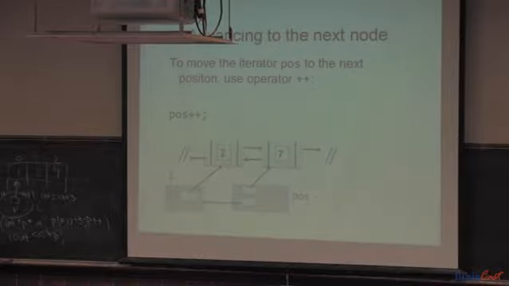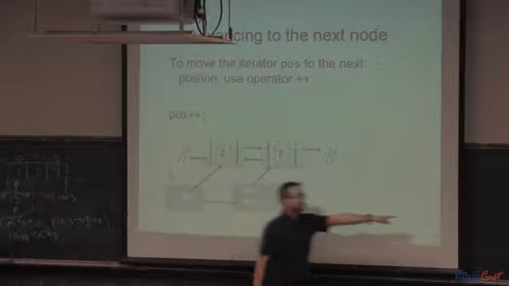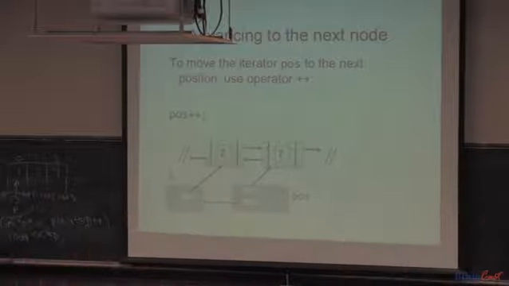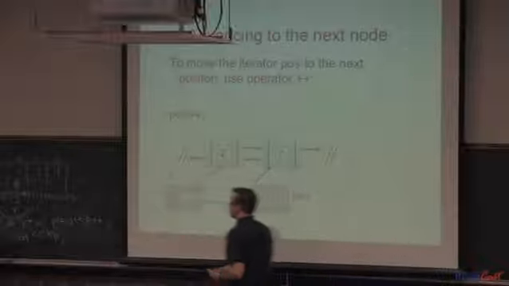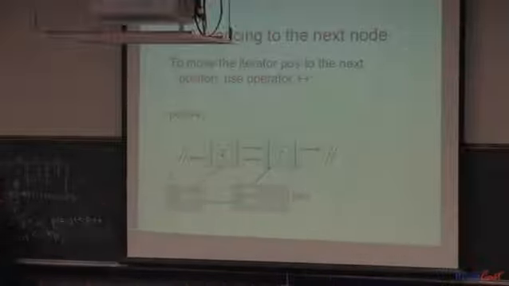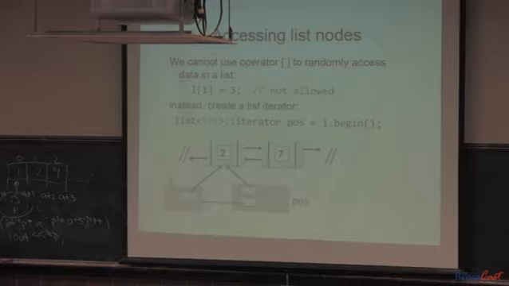And if I want to move it, I can use the ++ operator, just like if I were advancing an index. So the ++ actually works for iterators as well, which is very convenient notation. So when you do your for loops, they're going to look very similar to for loops that depend on indices. Okay, so if you want to move to the next guy, if you want position to point to 7, you do position++.